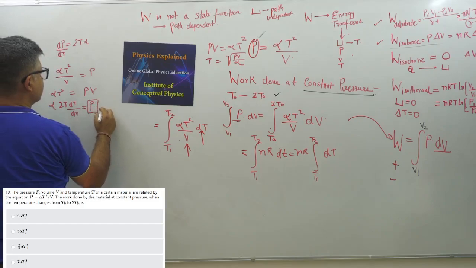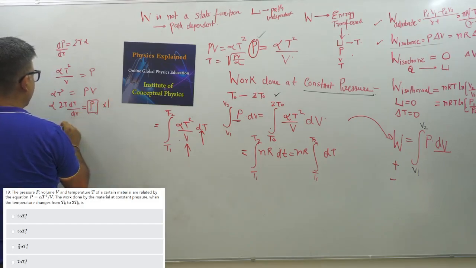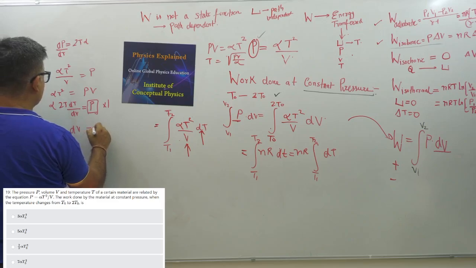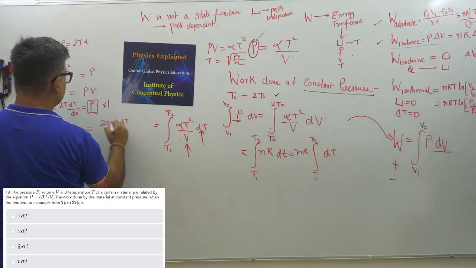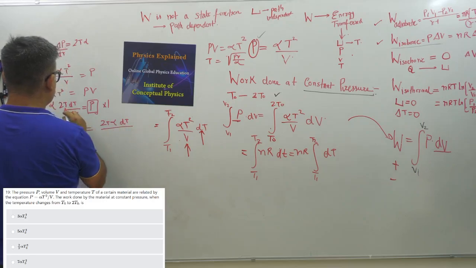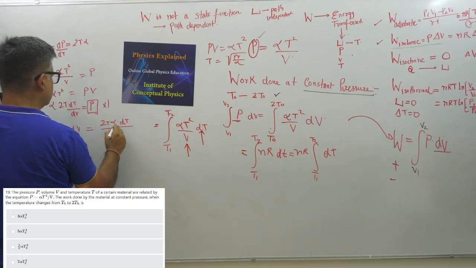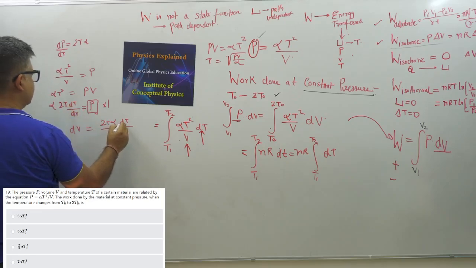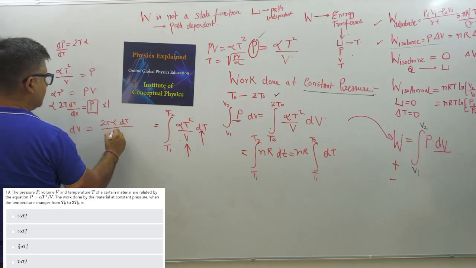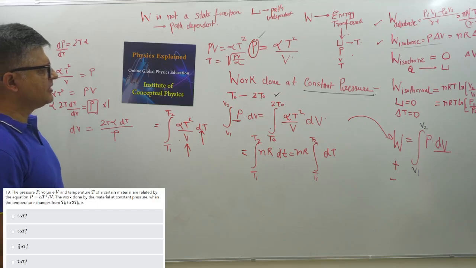It's a constant into 1. So my dV comes out to be equal to 2T alpha dT by P, right? This is my change in volume.